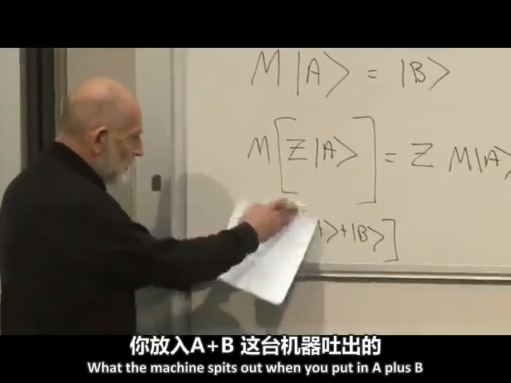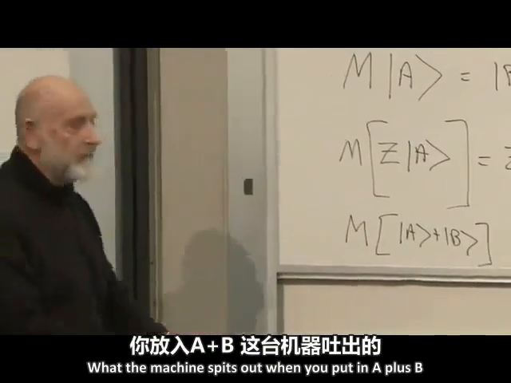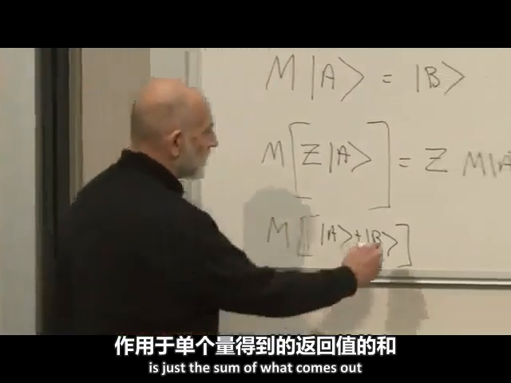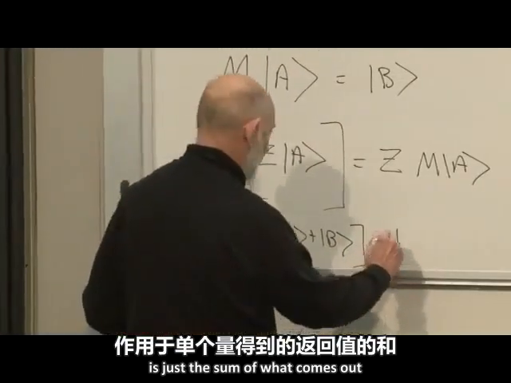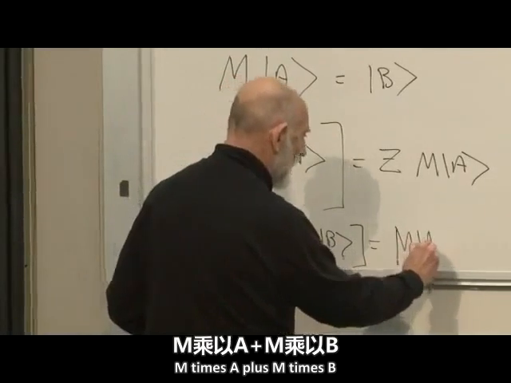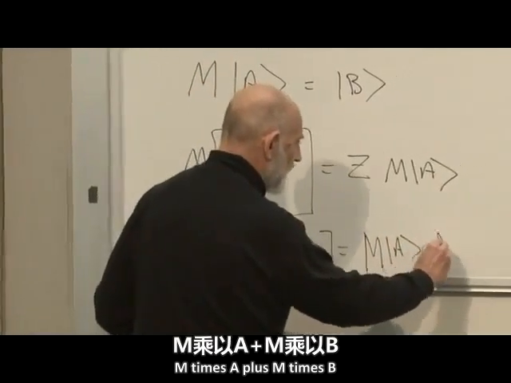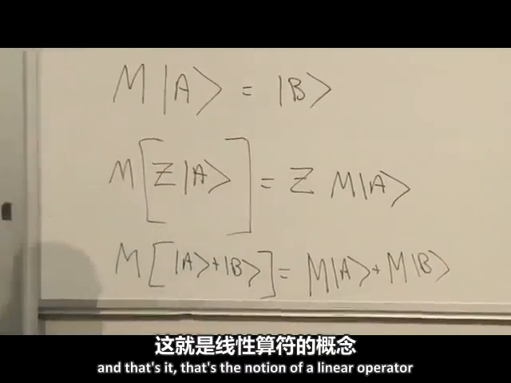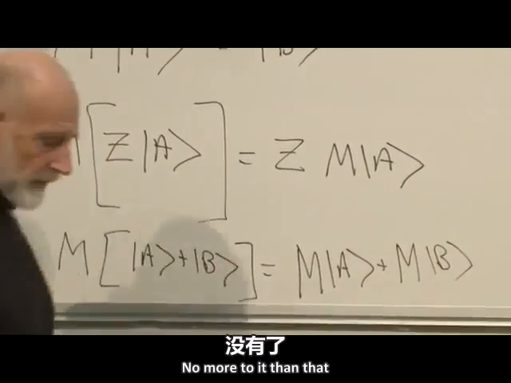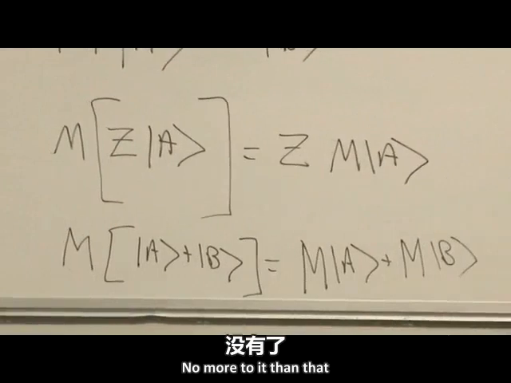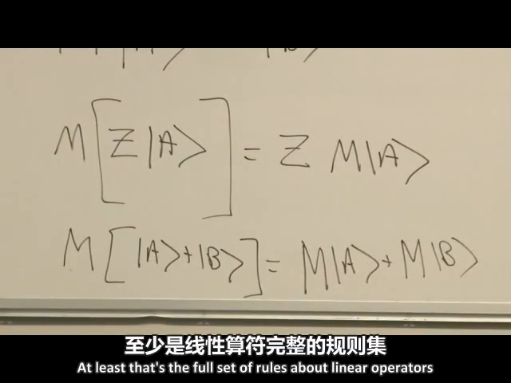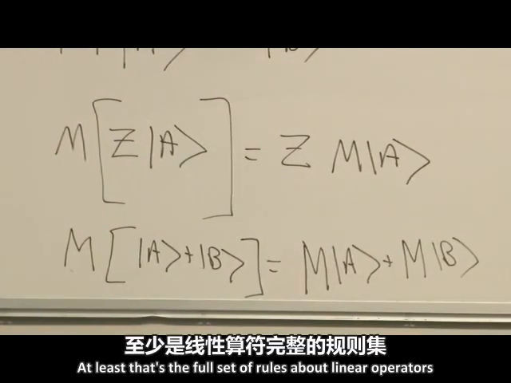What the machine spits out when you put in a plus b is just a sum of what comes out, M times a plus M times b. And that's it. That's the notion of a linear operator. There's no more to it than that, or at least that's the full set of rules about linear operators.